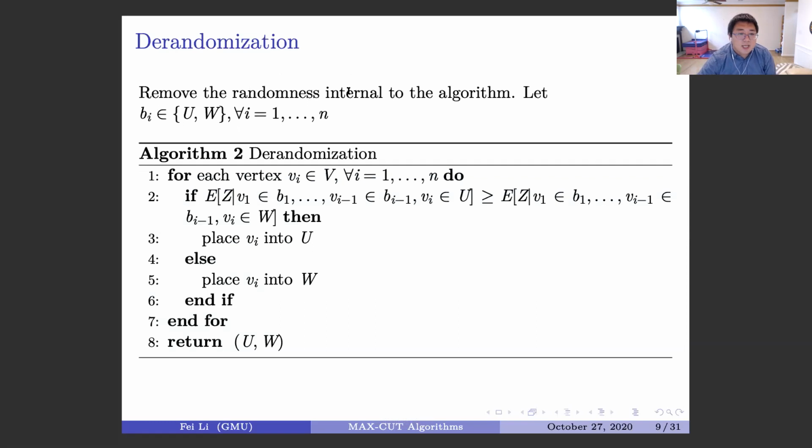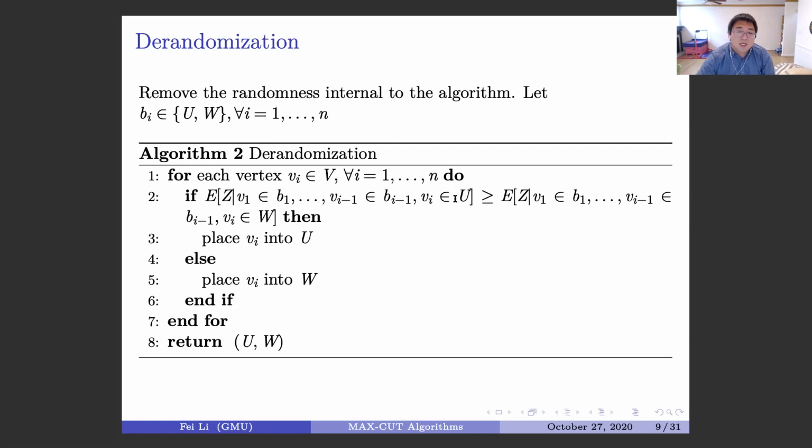For each vertex, instead of putting it into U or W based on the output of the randomness, we calculate the conditional expected value, subject to the vertex being put in U or being put into W. So we have two options, either U or W. What is the conditional expected value if we put the vertex into U or into W?